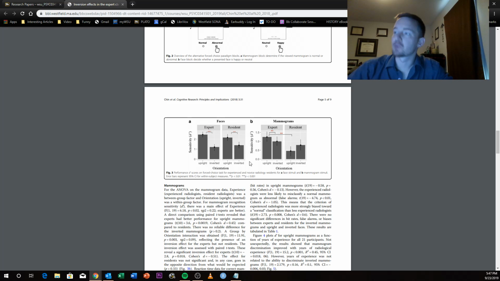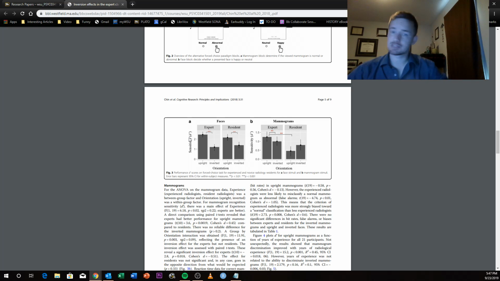But for the mammograms, for those x-rays, we see there are differences. The experts are in some cases better, in some cases worse at their ability to perceive differences or abnormalities in these x-rays. And so you're going to see a lot of this dependent variable, they call it D prime. D prime is just a sensitivity measure. Don't worry too much about the math that underlies that.